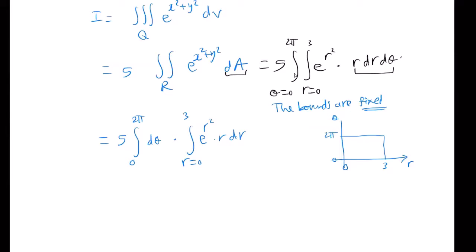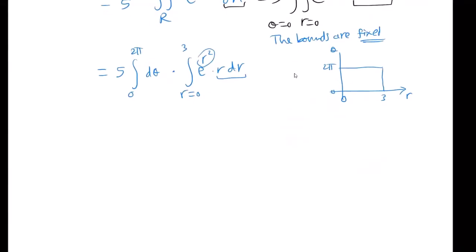So if you consider this u, then this is du, but we need to put 2 here to make it the exact derivative. So let's have u equals r squared. So du equals 2r dr. So we need 2 here. So it is 5, and the integral of d theta is theta from 0 to 2 pi. We get 2 pi.